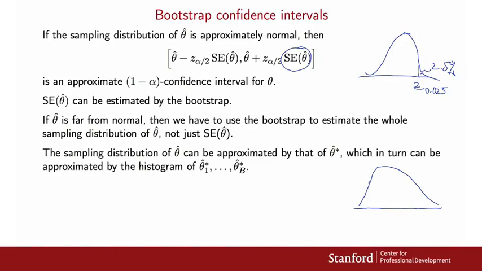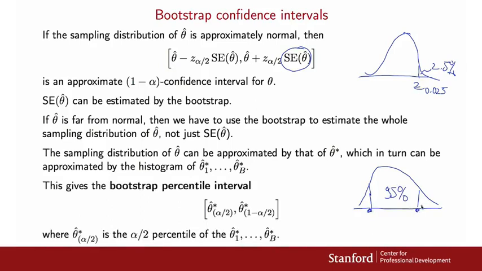But I can simply find a 95% confidence interval by looking up 95% in the middle and looking at the appropriate cutoff points at each end. This is called the bootstrap percentile interval. You simply look up the right percentiles on each end, so you have 1 minus alpha in the middle.